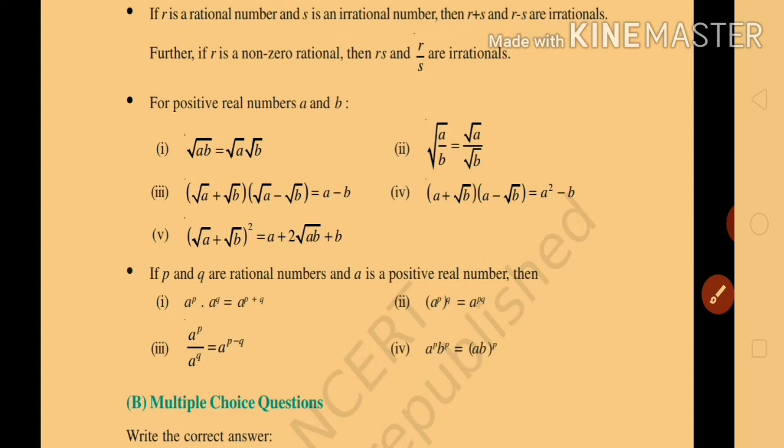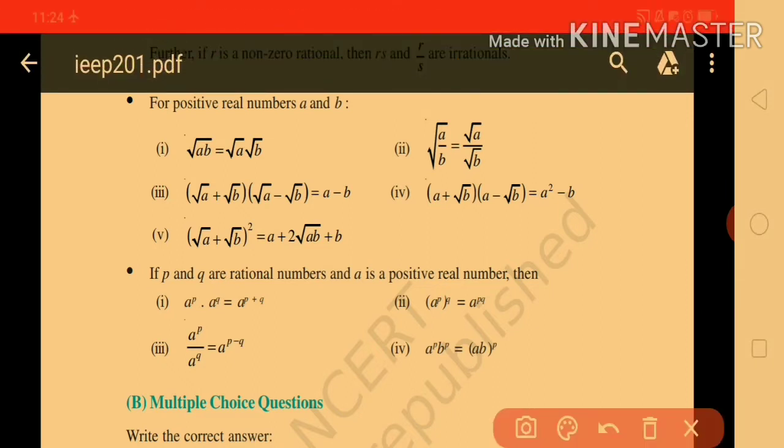So we have some properties here, and you have already studied these properties, where the root of the product of a and b is the same as the product of the separate roots. So root a into root b, we know that. Root of a divided by b can also be written as root a divided by root b.